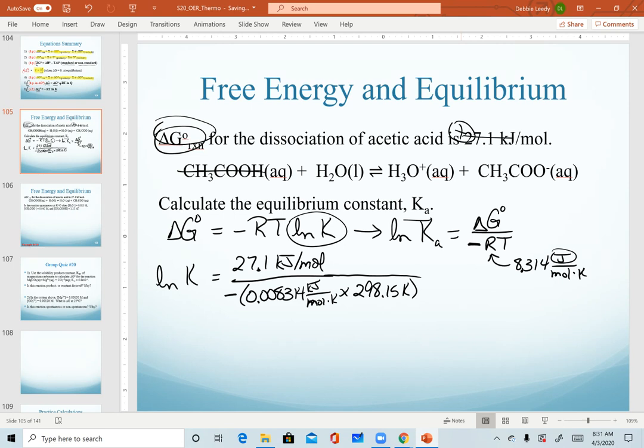When we plug all of this in, we get a value of negative 10.9326. Keeping extra digits here because this is not my final answer. Realize at this point I've solved for the natural log of K.